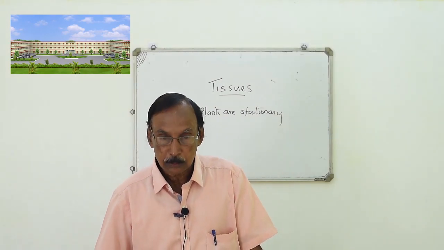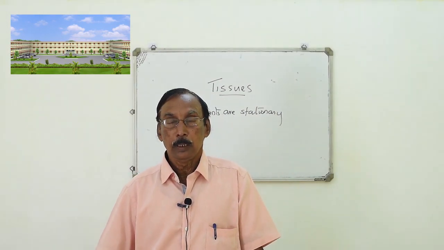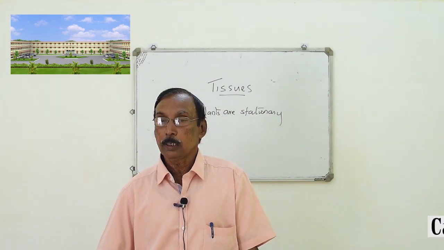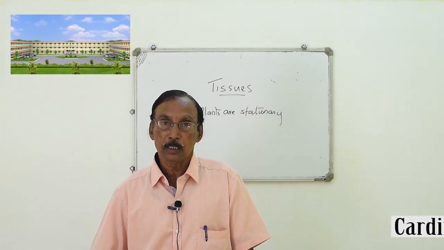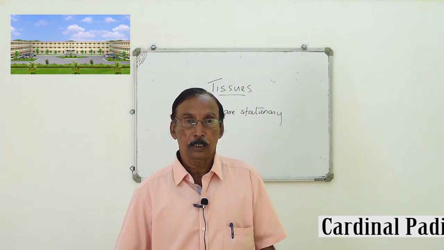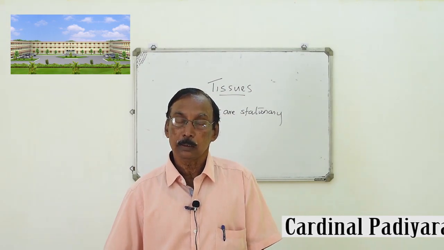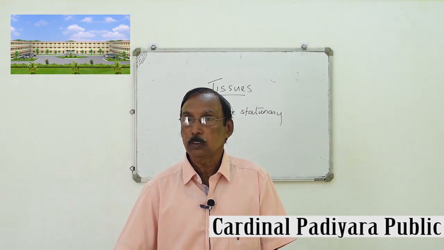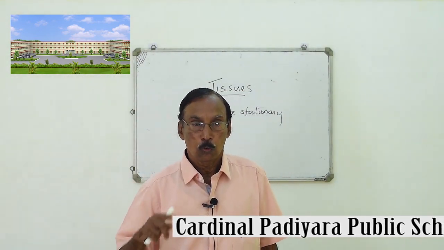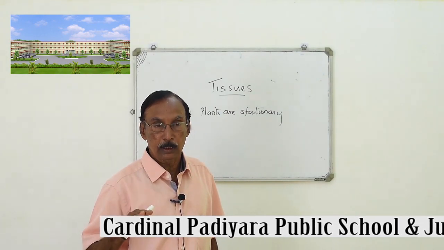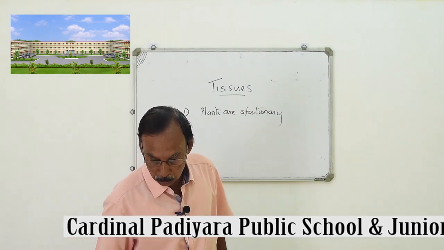Most of the cells in plants, like trees and even other plants, are dead cells. For example, if you examine wood, most of the cells in the wood are dead cells. So, that is one difference. One difference is that plants are stationary, not moving, animals are not stationary.